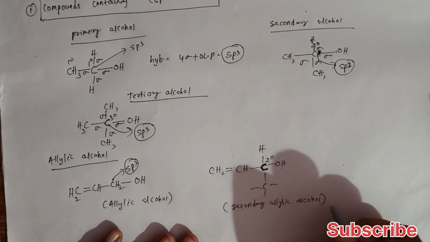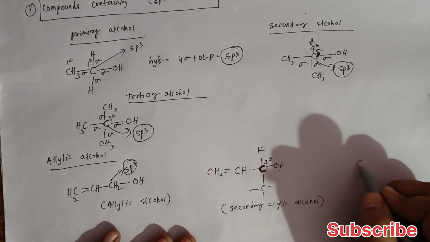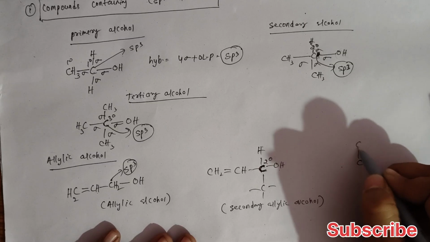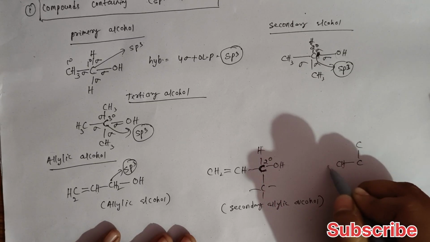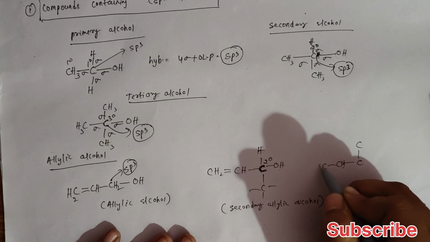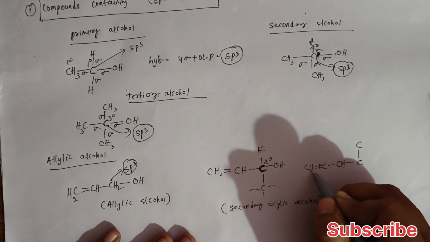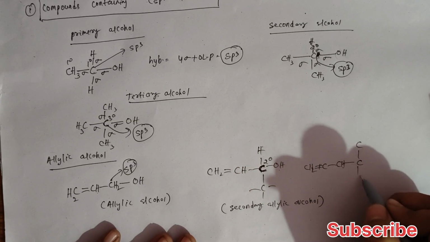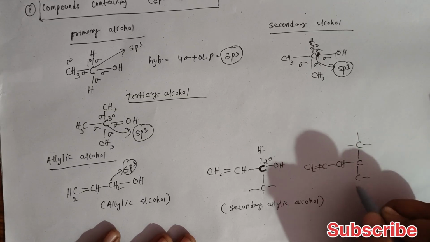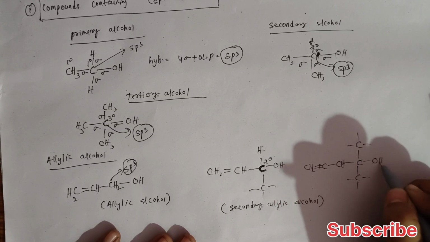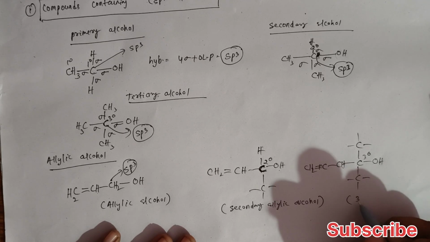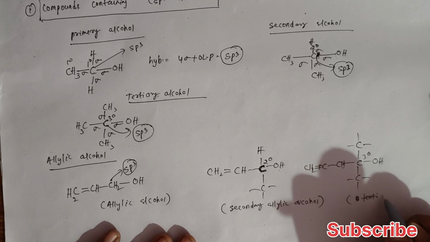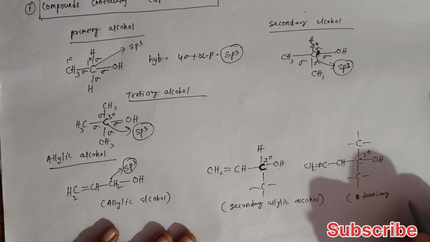Okay, it is clear to all of you. If that carbon atom is again attached to 3 carbon atoms, we can say that this carbon is our tertiary. This is our tertiary allylic alcohol, a 3 degree allylic alcohol.